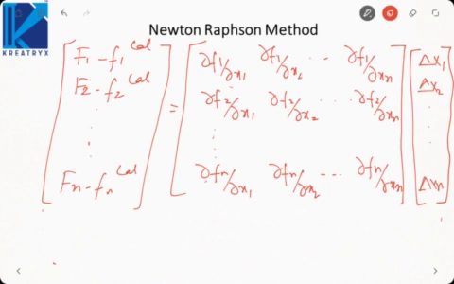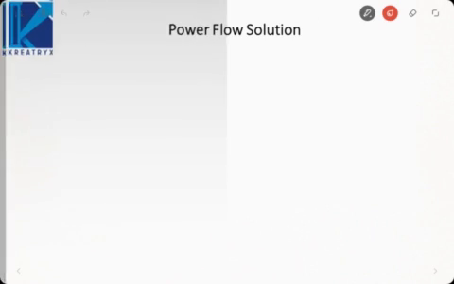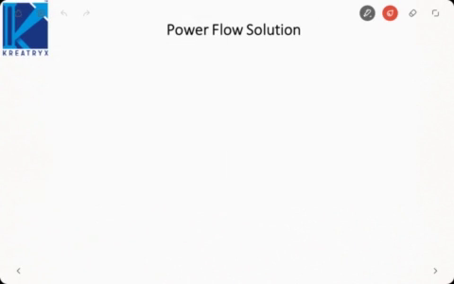Now when we apply this method to the power flow problem, then the variables or the correction vector will consist of voltage magnitude and the voltage angle, because we wish to determine the solution of the system in which we wish to determine mod V and delta. So let us see how we apply the Newton-Raphson to the power flow solution.